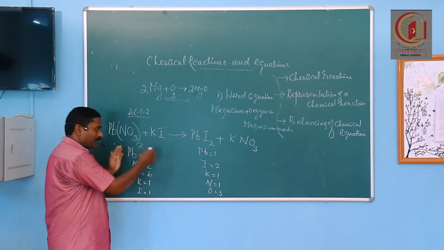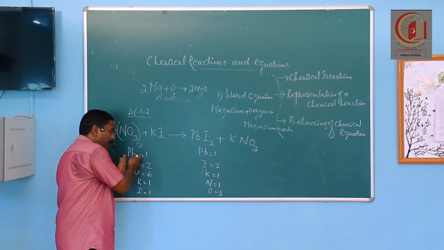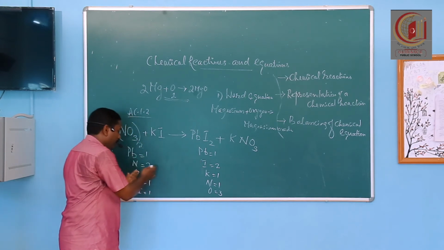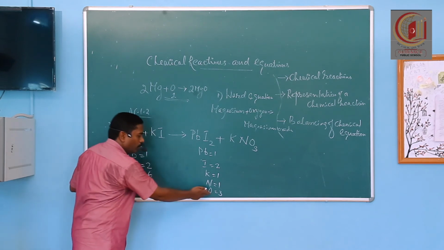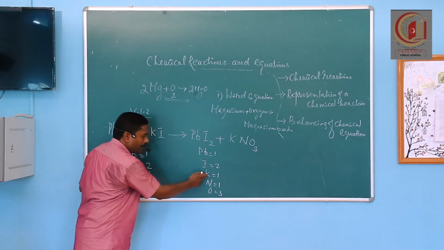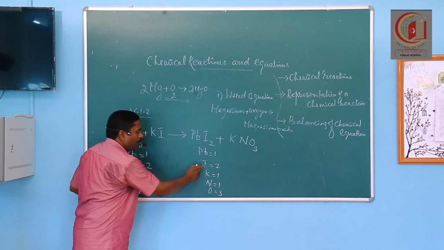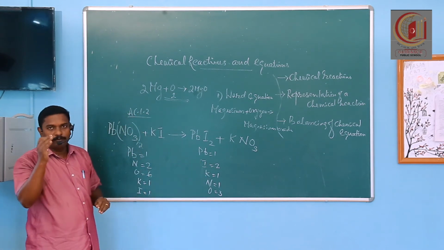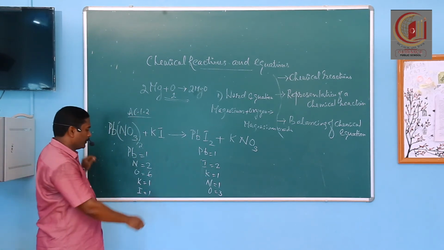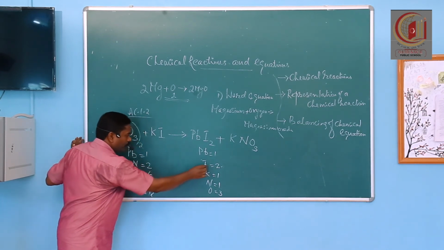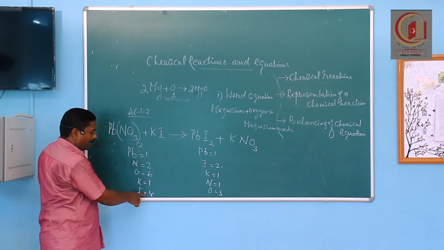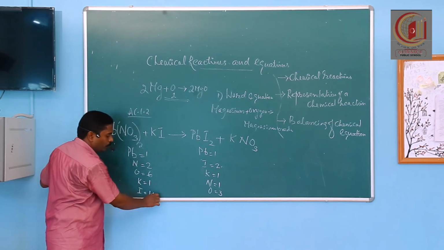Let's count each side: Pb 1, Pb 1, N 2, N 1, O 6, O 3, K 1, K 1, I 1, I 2. There is a difference in the number of atoms in the case of iodine, so let us multiply iodine here by 2.